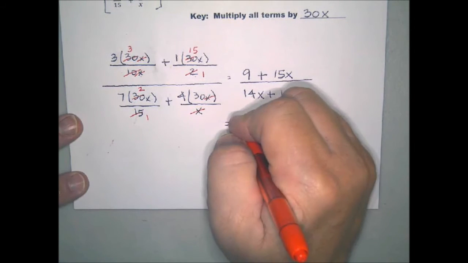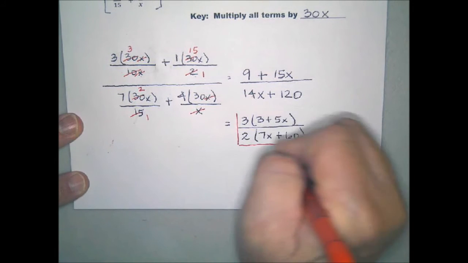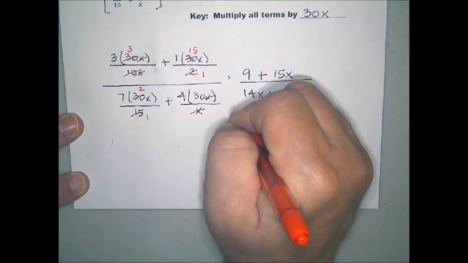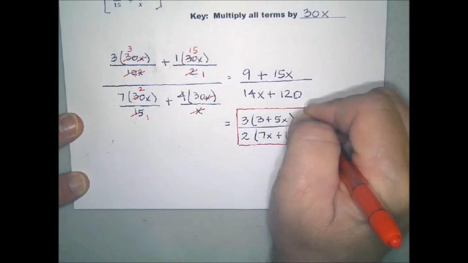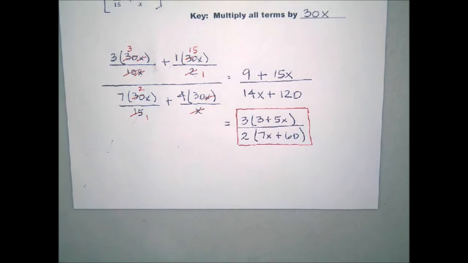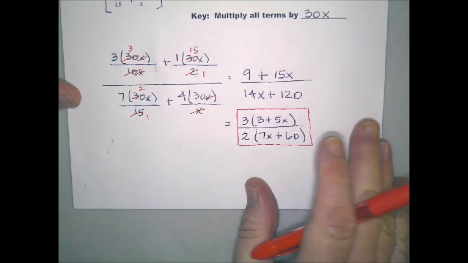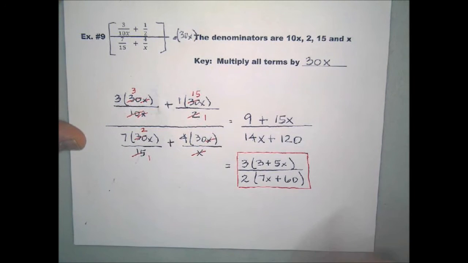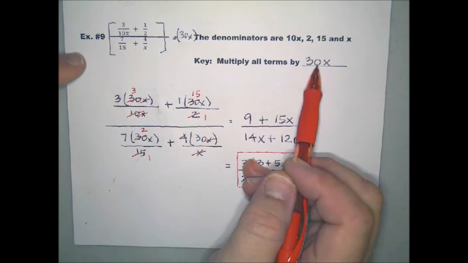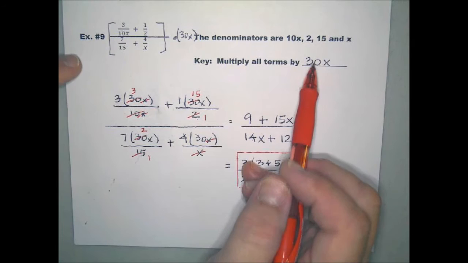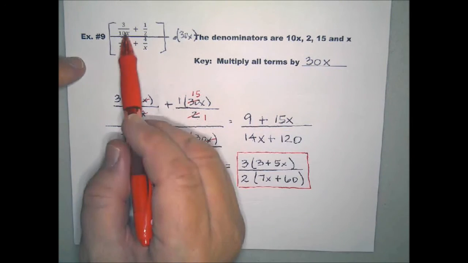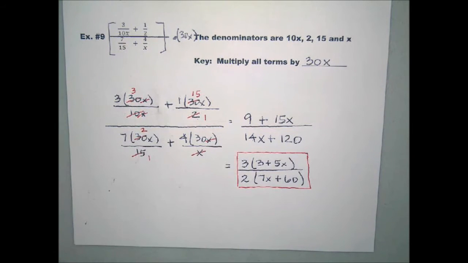Now, I don't see any reducing that can happen, so there's our answer. And everything in this problem started with the idea of multiplying all the terms by 30x, because that was the lowest common denominator of all the denominators.